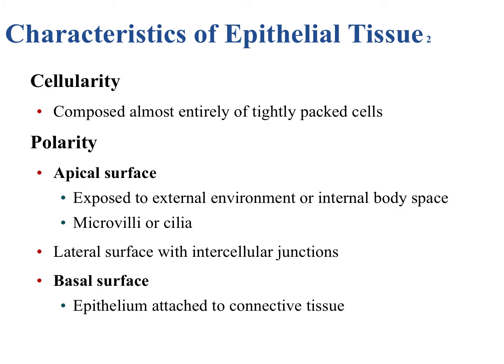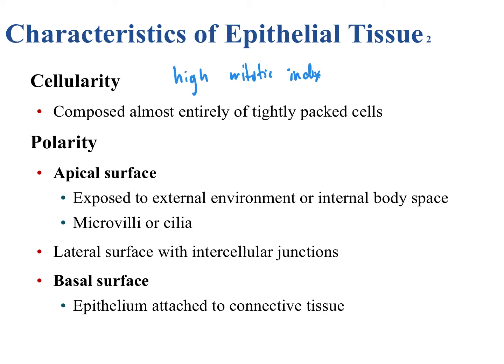Okay? Some characteristics of epithelial tissue. They have what's called cellularity, right? If something has cellularity, it means it has lots of tightly packed cells, okay? They also have what's called a high mitotic index.